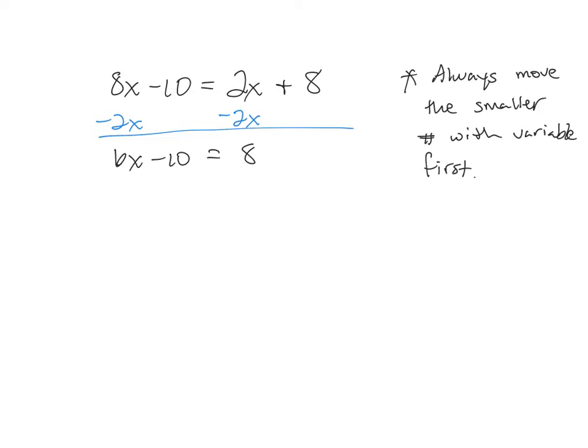And the reason for that is usually the x part, or the a or the m or whatever letter is being used, will be positive right there. And that just makes the problem usually easier. Okay, so now it looks like what we did a couple days ago. It's a 2-step equation. So I'm going to move to adding and subtracting. And then divide.